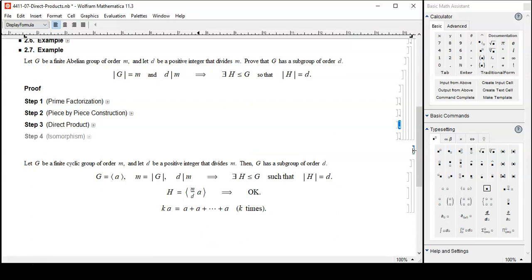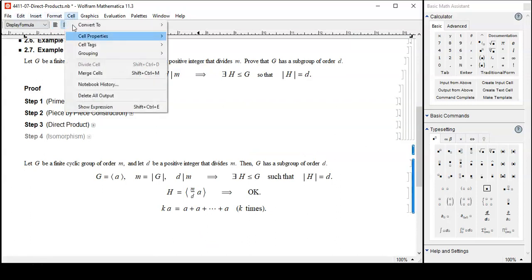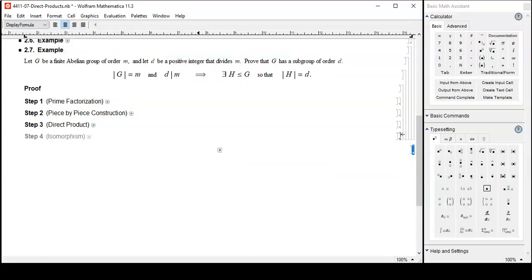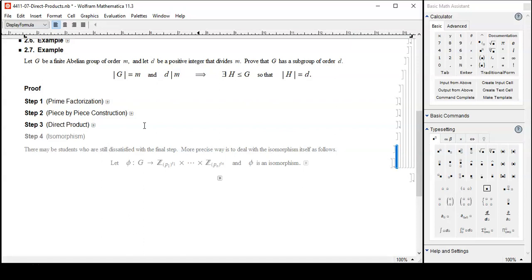But if there's a student who is still not completely satisfied with all that, well, let me talk about the isomorphism a little bit. A more precise way is to get all those isomorphisms from G to this form.